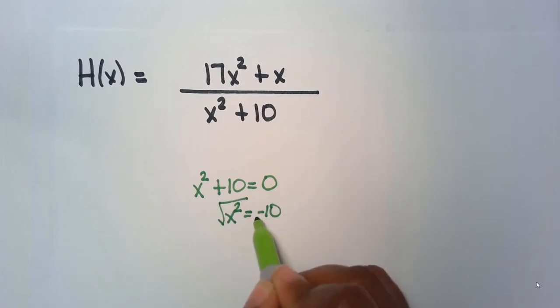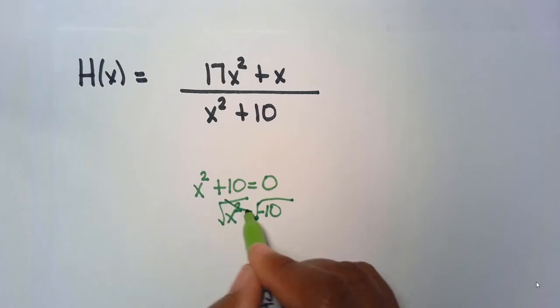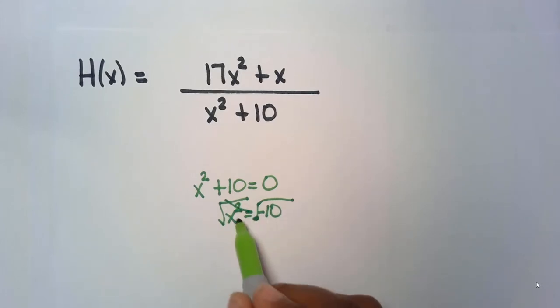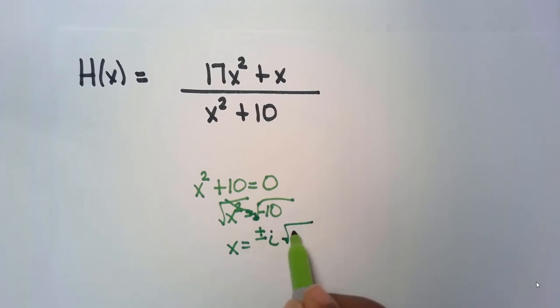We're going to subtract 10 from both sides. We take the square root of both sides. We know that on the left-hand side, the square root and the exponent of 2 cancel out. We have x is equal to plus or minus the square root of negative 10. So in turn, it would be i square root of 10.